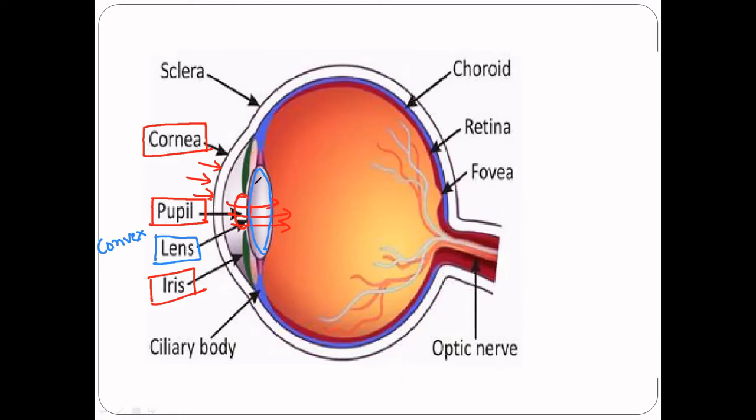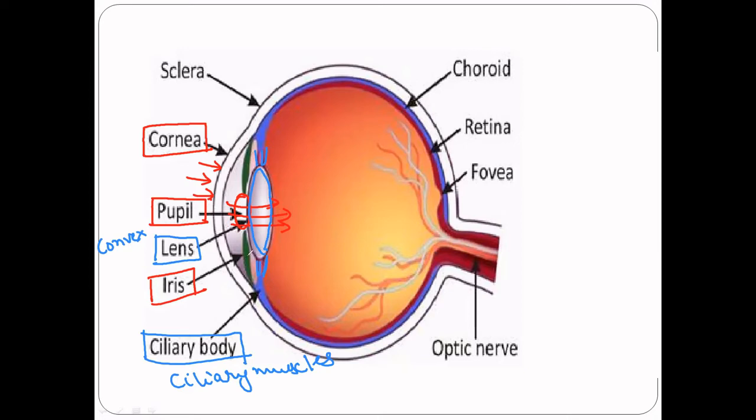Now, the focal length of this lens can be adjusted with the help of these muscles. These are the muscles which are holding this lens. These muscles are known as the ciliary body, or we can also call them ciliary muscles. These ciliary muscles hold the convex lens as well as help in changing its focal length.